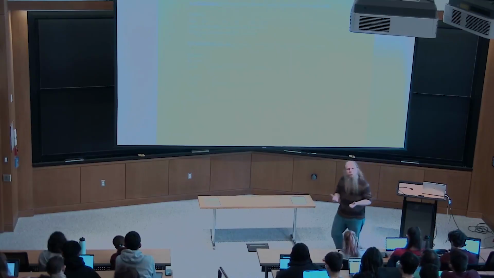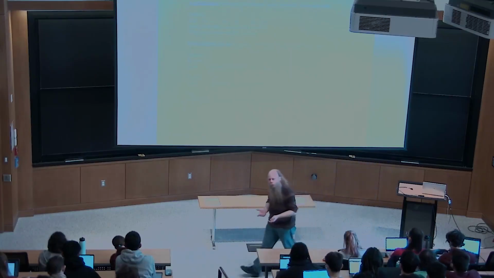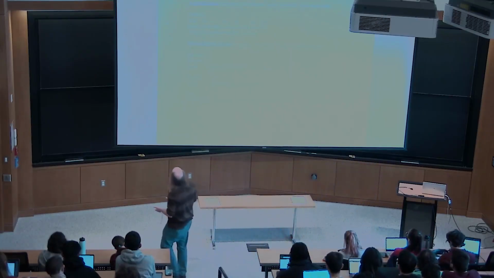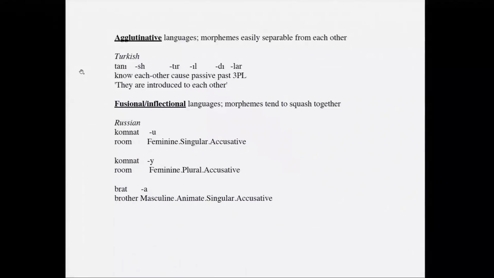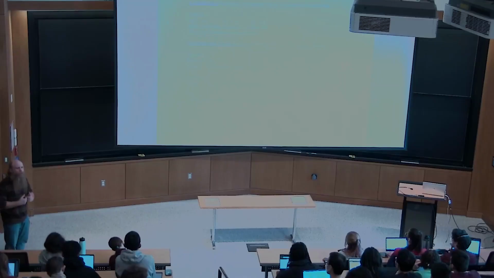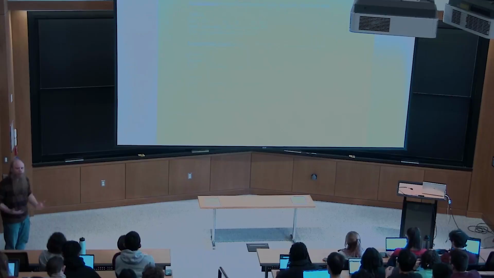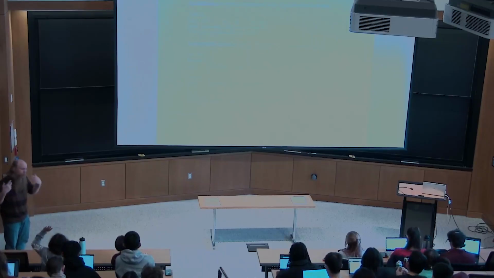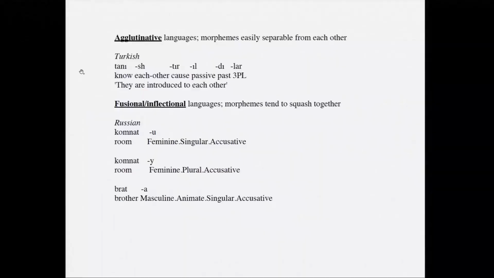So Turkish is the poster child for an agglutinative language. You've got a verb, and then you have a bunch of suffixes on the verb, and making the cut between one suffix and the next is pretty straightforward. There aren't a lot of fancy morphological changes that happen as a result of these morphemes coming in contact with each other. And each of the morphemes has a pretty simple meaning. They mean things like each other, or cause, or past.